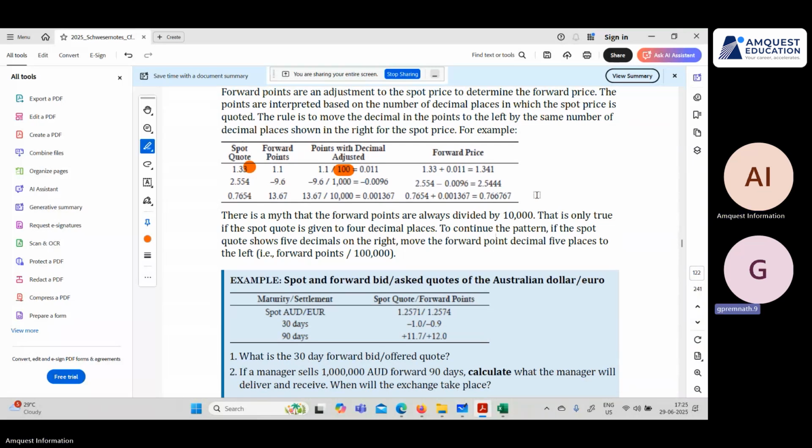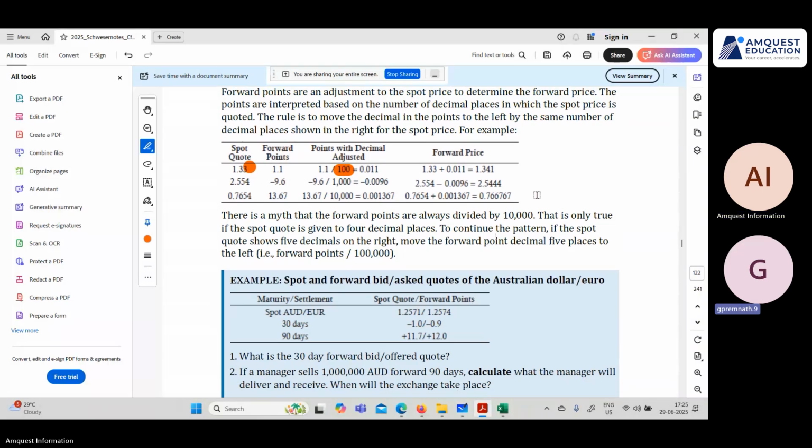I think I need to first get whatever the forward rate is in 90 days. Correct. I need to do the reciprocal of that. And essentially, whatever's the higher one, I will sell that. But I want to know the exact number. So 1.2571 plus 11.7 divided by 10,000.